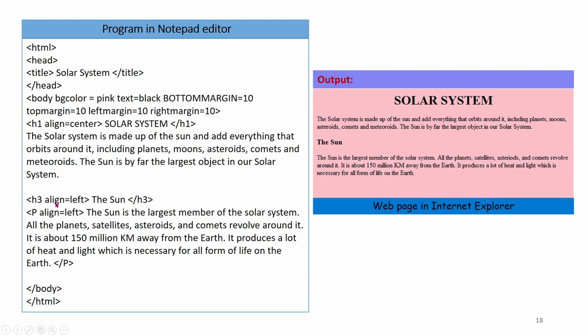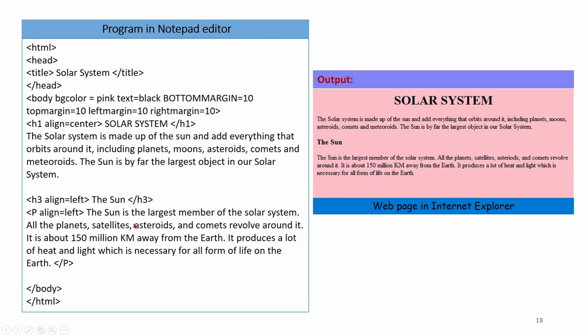Then H3 align left. This is my H3 text. This heading is aligned center, but this is aligned left. So here H3 align left. The sun, this is the heading, and slash H3. Now paragraph is aligned left. So this complete paragraph is aligned towards the left.